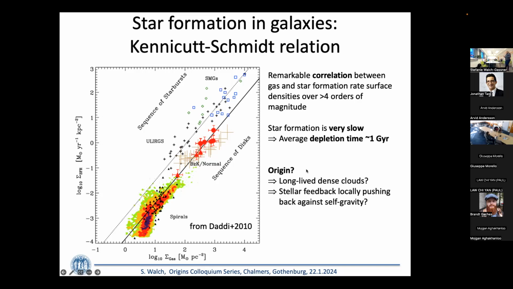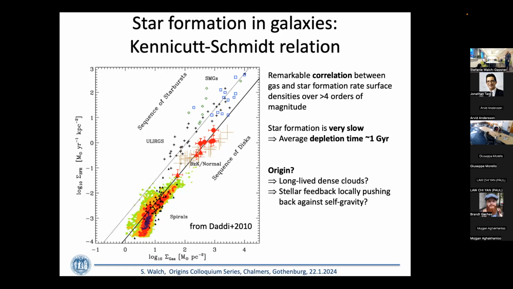So are clouds long-lived? If you think about molecular clouds, the molecular gas is there, we see it. So it doesn't mean it hangs around for a long time and just does nothing. But then, if observations tell us that clouds are mostly virialized, how would this happen? Because turbulence decays, so if there were some turbulent support, that should go away relatively quickly, and then the clouds should collapse. And then there could be magnetic fields.